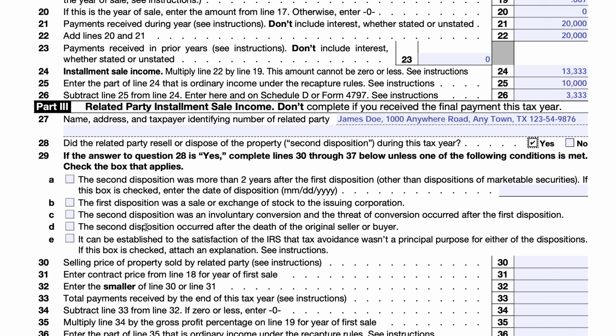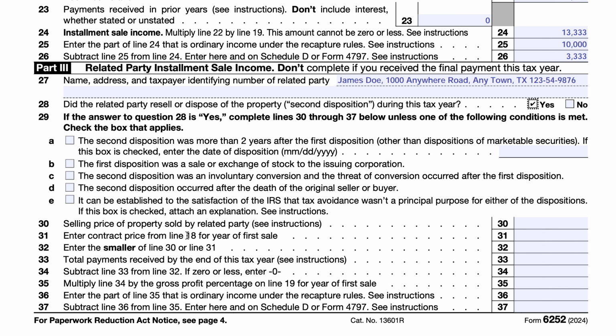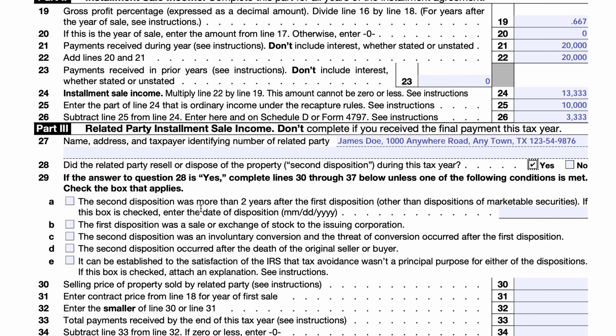So question 29 says you still have to complete lines 30 through 37 unless there's one of these conditions that's an exception which applies to your situation. So if Jim Doe sells the property more than 2 years after he bought it from John, then you can check this box and you don't need to complete the rest of it.